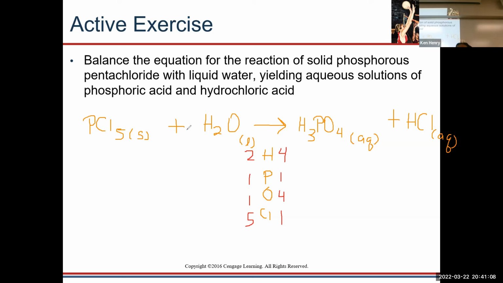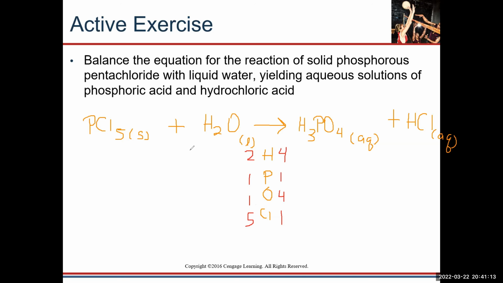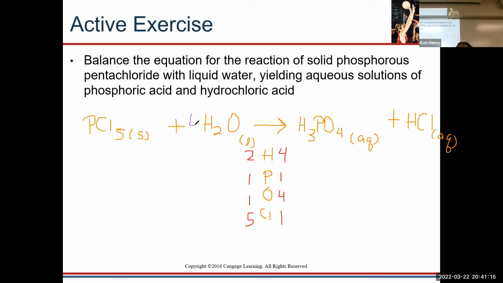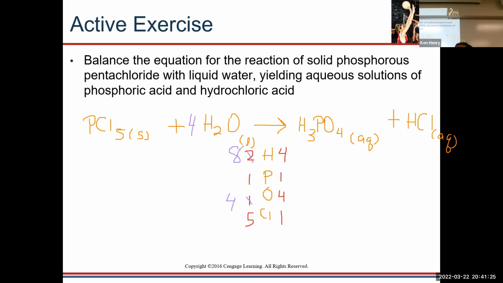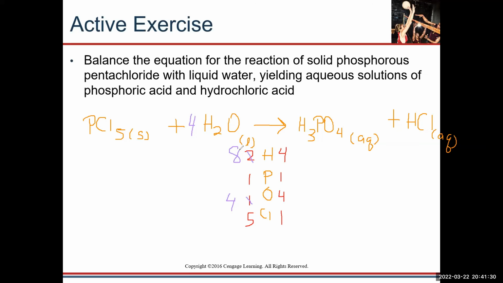Did you say never mind or? Okay, I'd put a 4 there, put a 4 here because we have 4 oxygens, right? So that would give me my 4 oxygens. And then how many hydrogens would I have now? 8. Okay, is that balanced? No. I'd multiply by 2 the 4 hydrogen. Multiply what by 2?